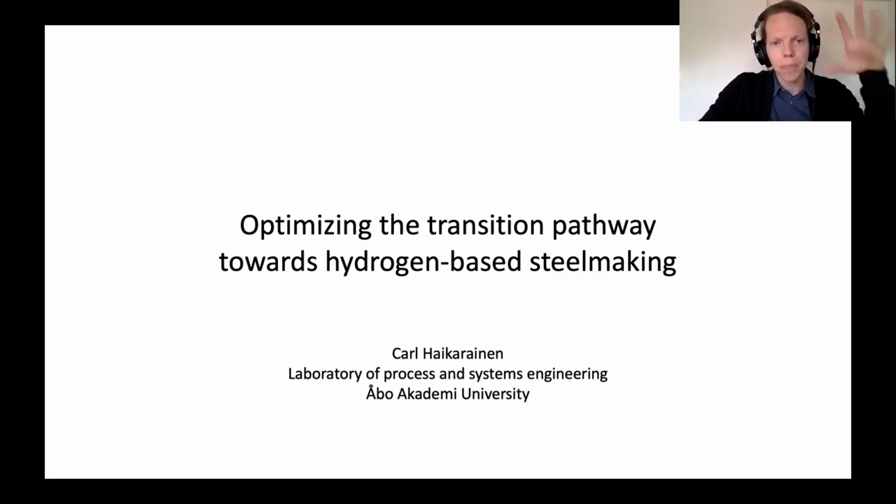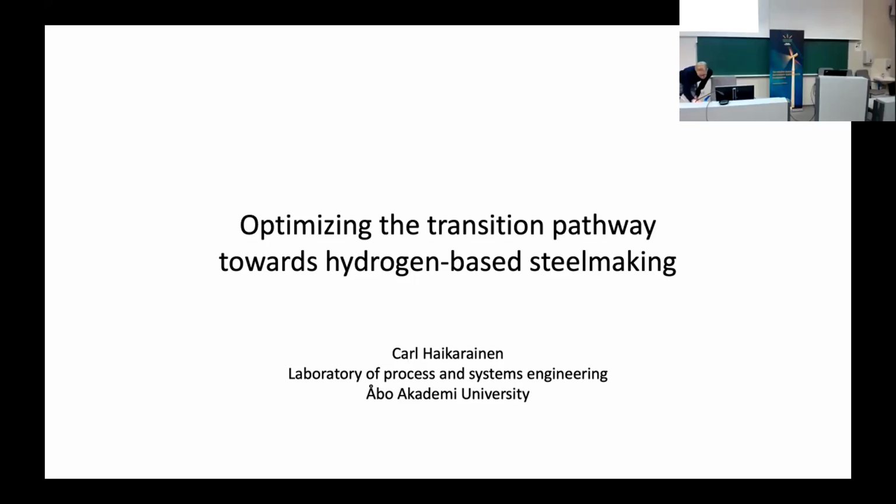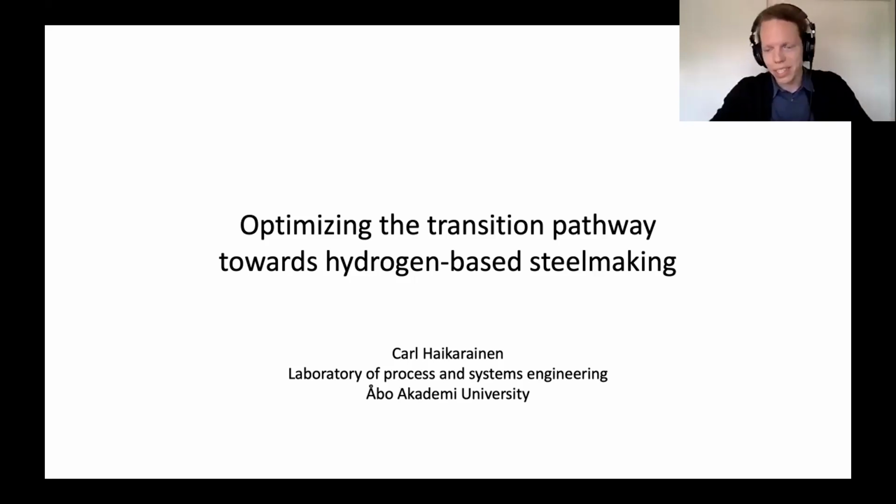And I'll be talking about an optimization modeling approach for modeling the transition of a steel plant towards hydrogen-based steel making, for the use of analysis of such a transition.